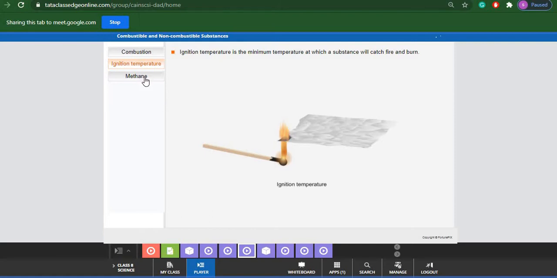If you supply a temperature that is less than the ignition temperature, then what happens? Can anyone say? Anyone? Mania, please tell me. Will it burn or not? It will burn. No, it will just be reversed.